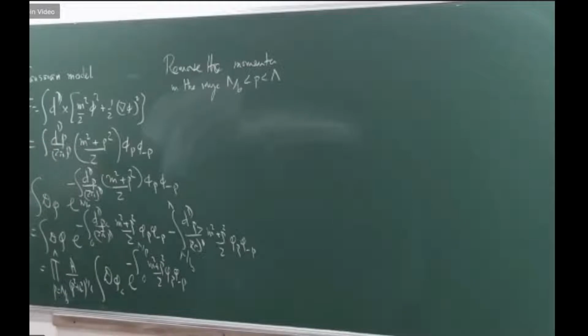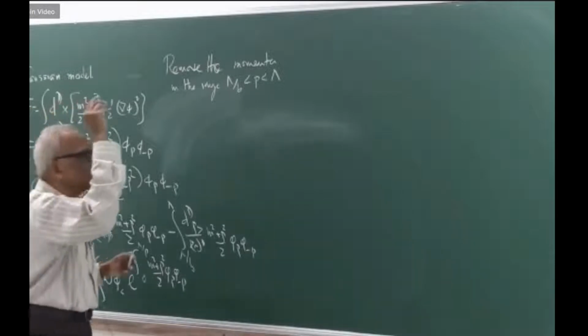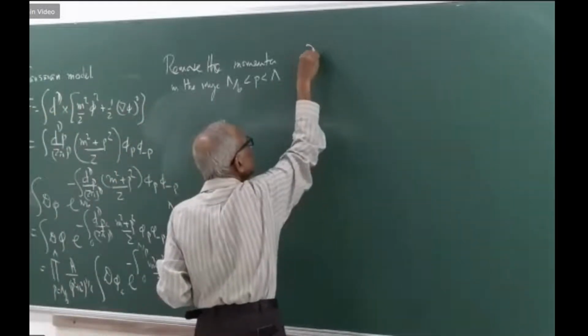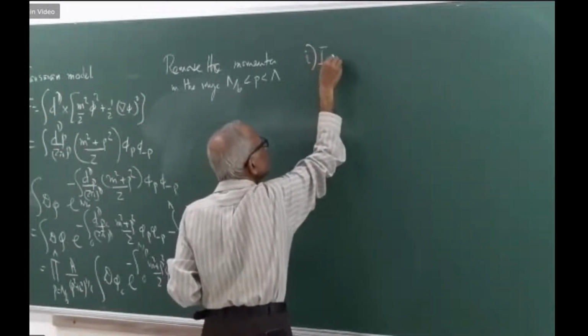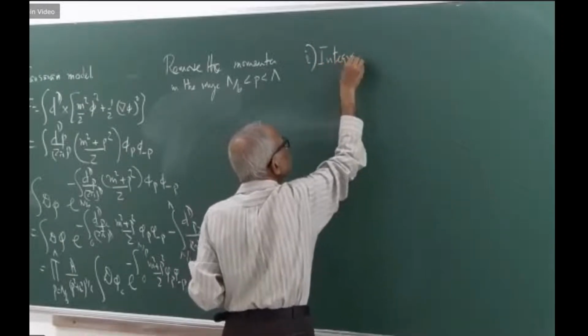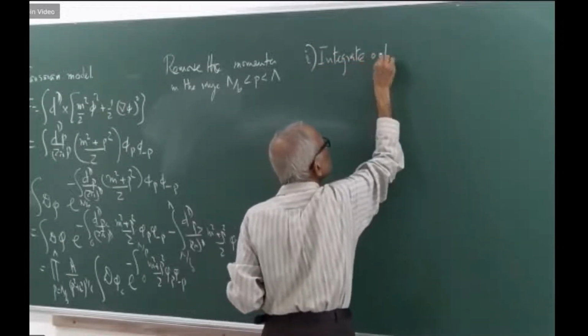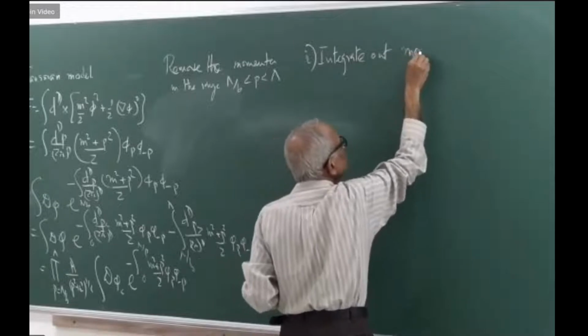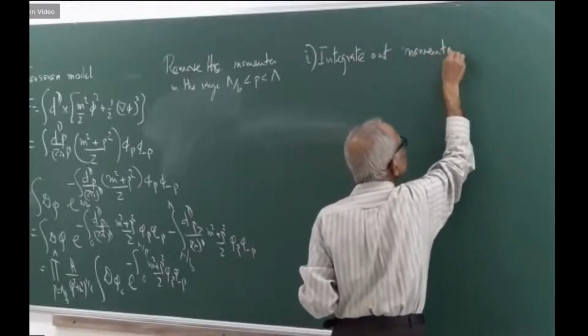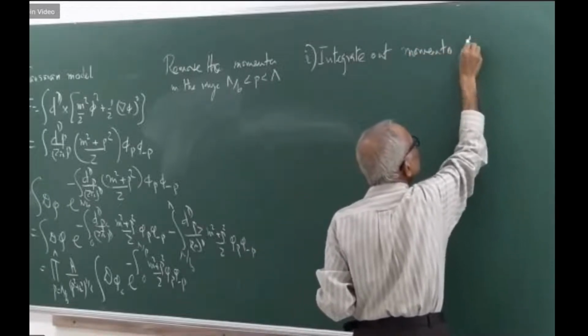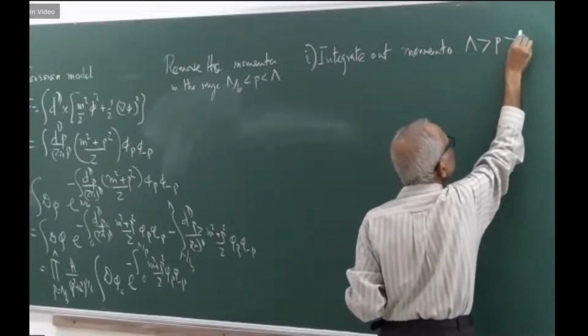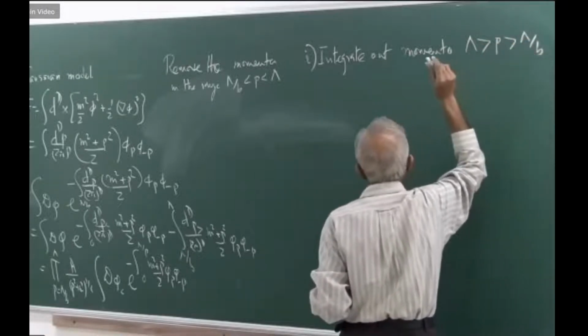So that's the part that is left. And now the point is, this was step 1. Step 1, integrate out momenta between lambda greater than p greater than lambda over b.